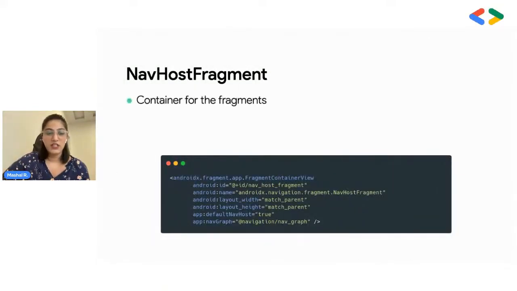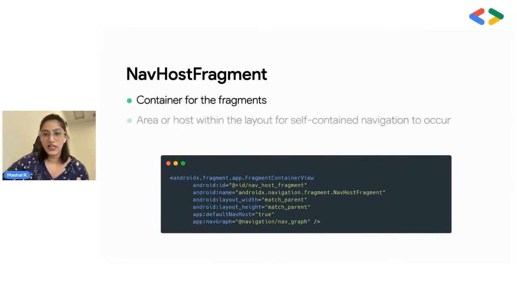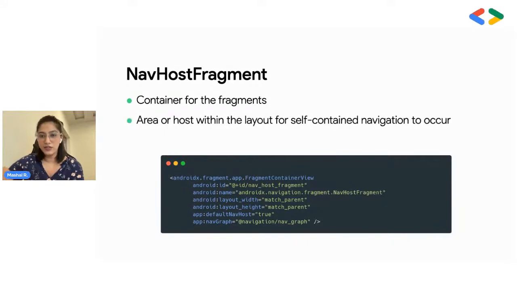Next up, we have a nav host fragment, which is a container for fragments, or it is an area or host within the layout for self-contained navigation to occur. What we're trying to say here is that it's basically an empty space or a holder where we want to show or display our fragments.